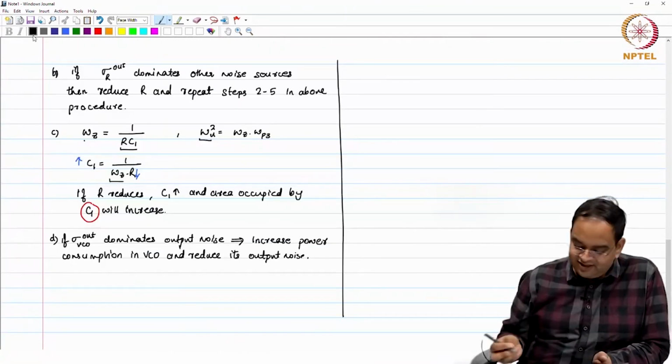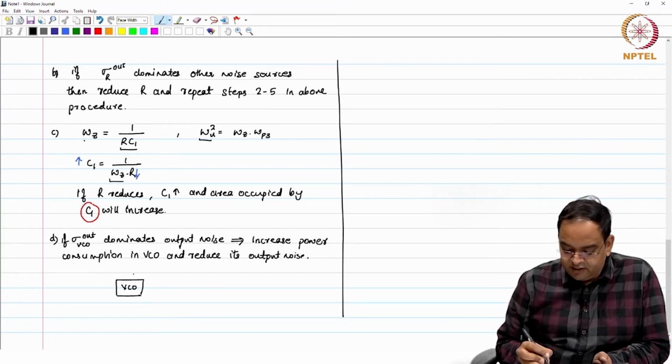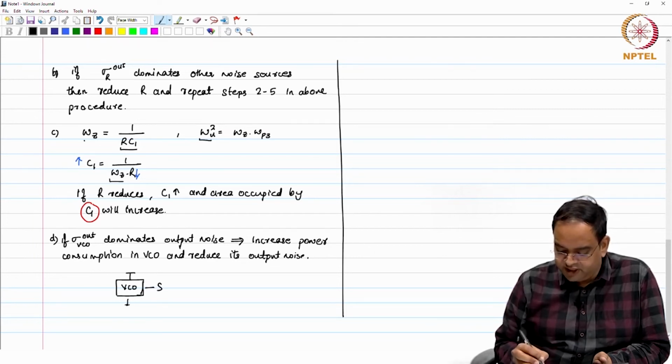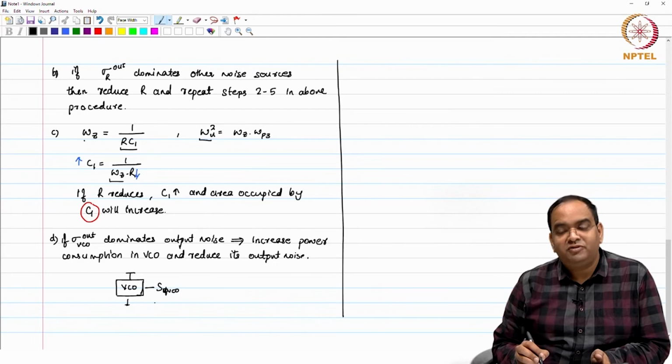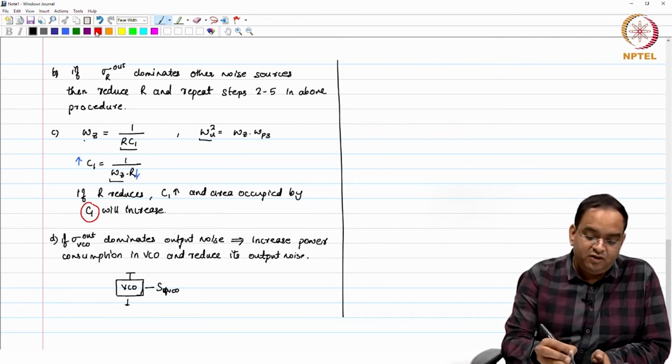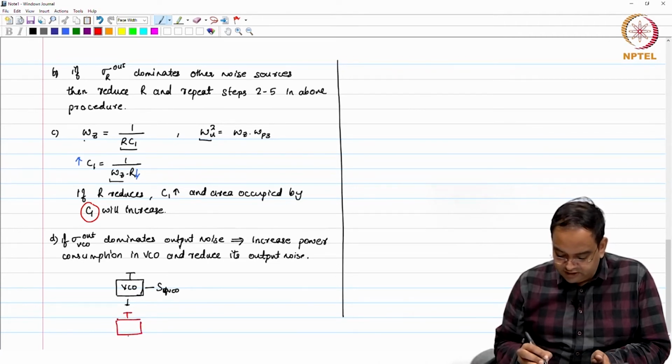Now, in this case I will tell you one trick which is often used. Let us say you have a VCO block and it gives you some output phase noise, which we have been talking about. If I want to reduce the VCO noise, one of the easiest ways is to take two copies of such an oscillator and connect them node to node.